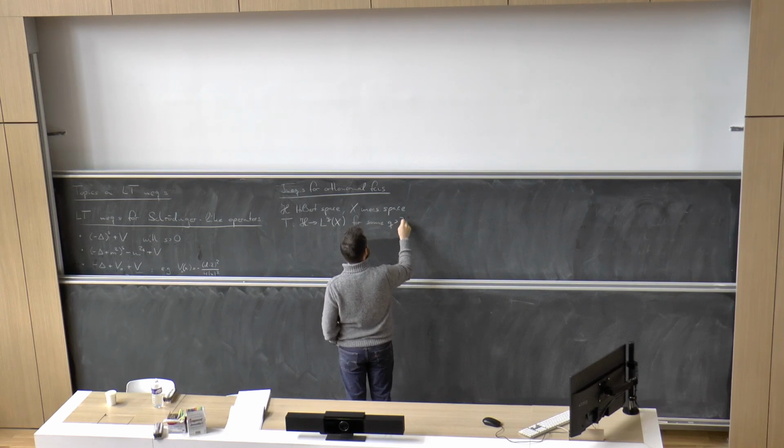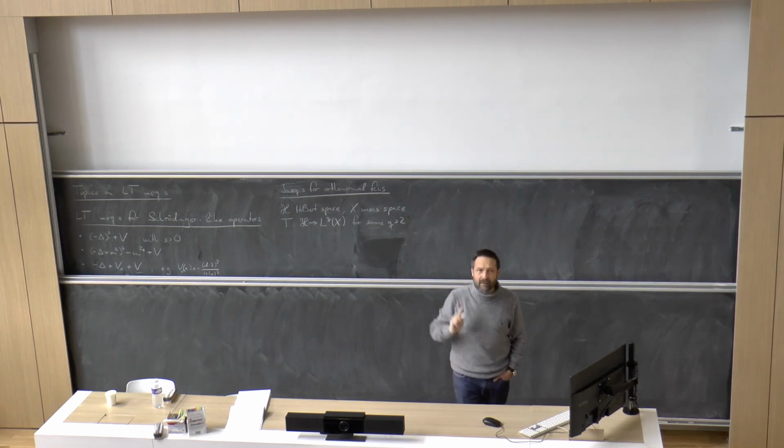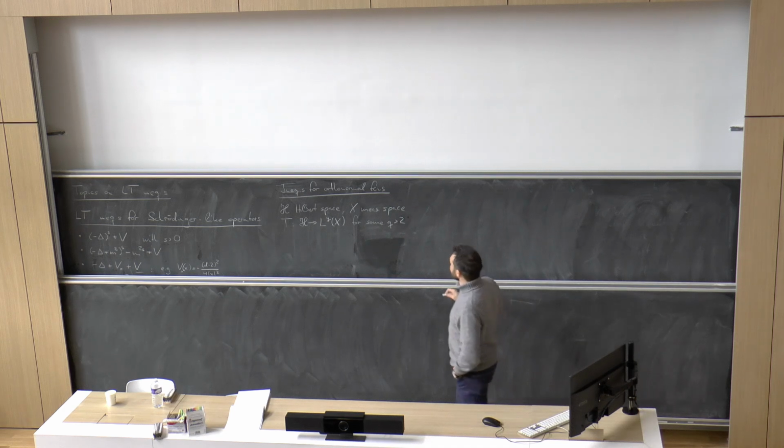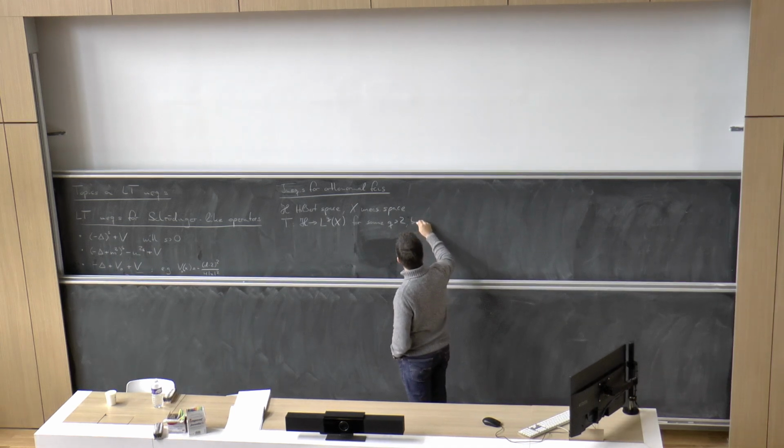This Q is some number; I want Q bigger than 2. I don't want the other space to be a Hilbert space as well. And I want to assume that this is a bounded operator.